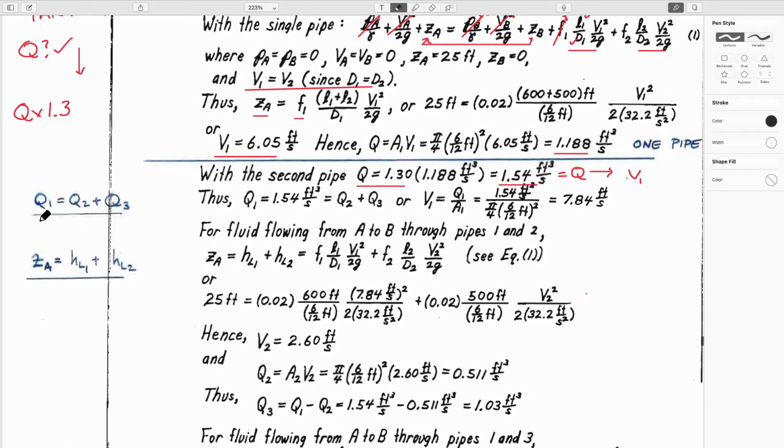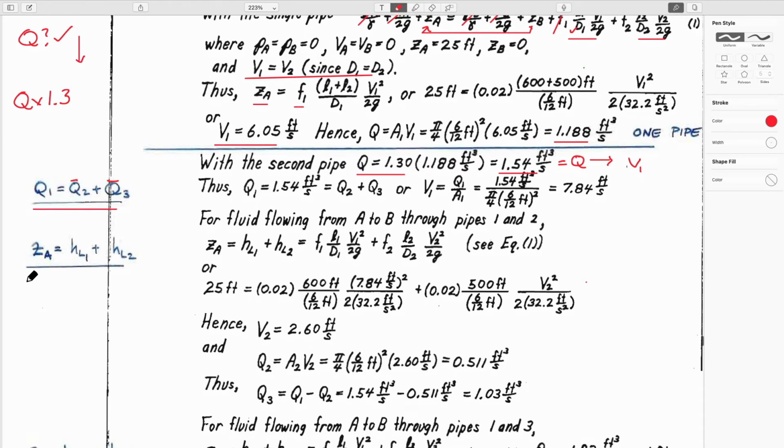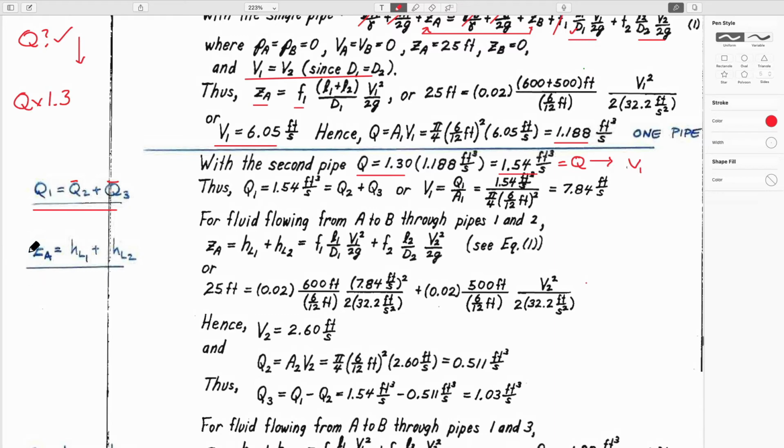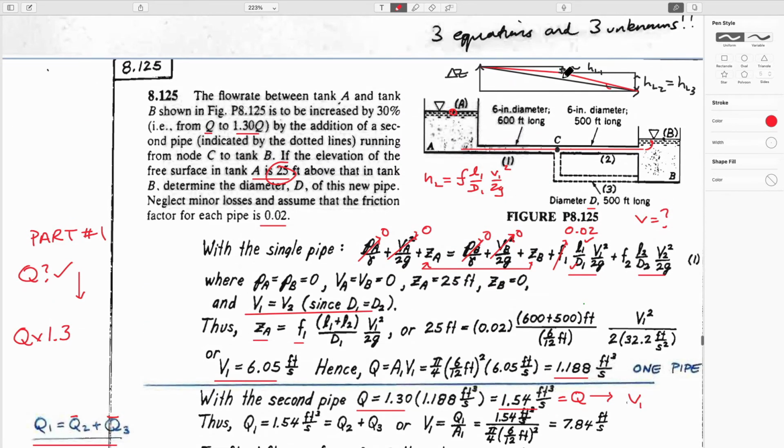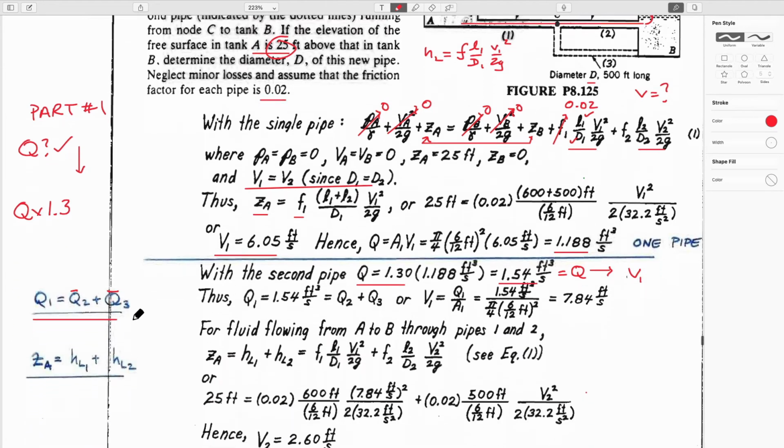So we can write continuity, and that is that the flow in the first pipe has to split into two, and it has to sum to the components that go down circuit 1 and circuit 3. And we know that the total drop along the length of the pipe has to be this drop plus the drop over the second one.